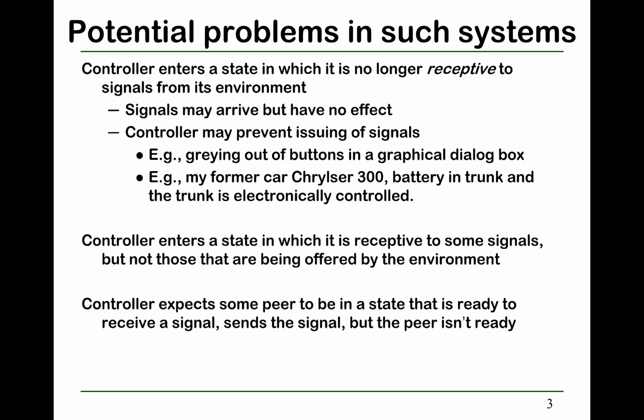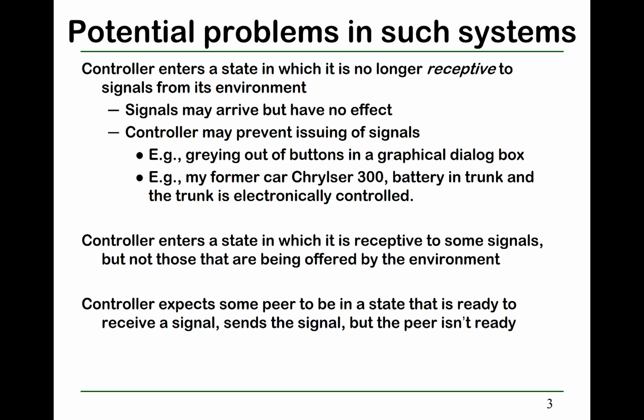Then I tried to open the trunk, but the trunk is electronically controlled, so I have to push that button. But when I pushed that button, it was ineffective because there's no battery. So you can see this could be a design flaw in that automobile.